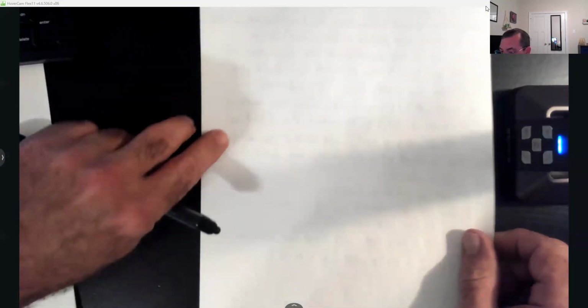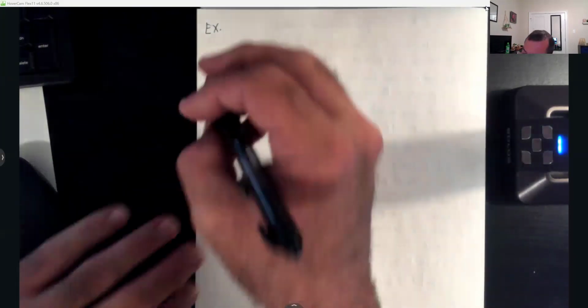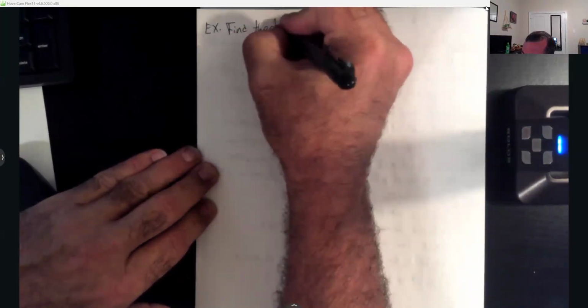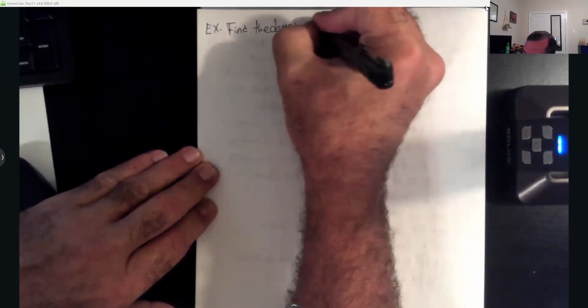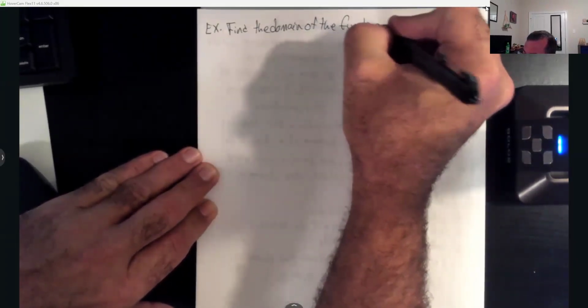All right, y'all, let me flip this over. So for these examples, and actually the rest of these are all just doing that, they want us to find the domain of the function. Now, y'all, finding domain, we do that pretty much most of this year, okay?